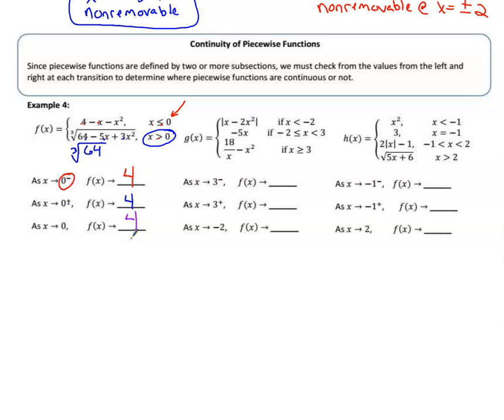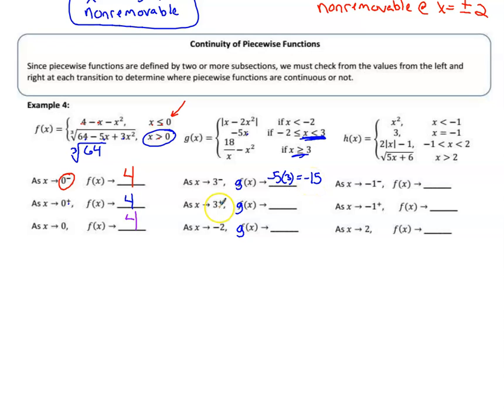Now, we're talking about the g function here, so that should say g. As x approaches 3 from the left, I'm looking where 3 is. Here's 3 and here's 3. So from the left means numbers smaller than 3. So plugging in 3 is going to be on this middle row. That is negative 5 times 3, which is negative 15.